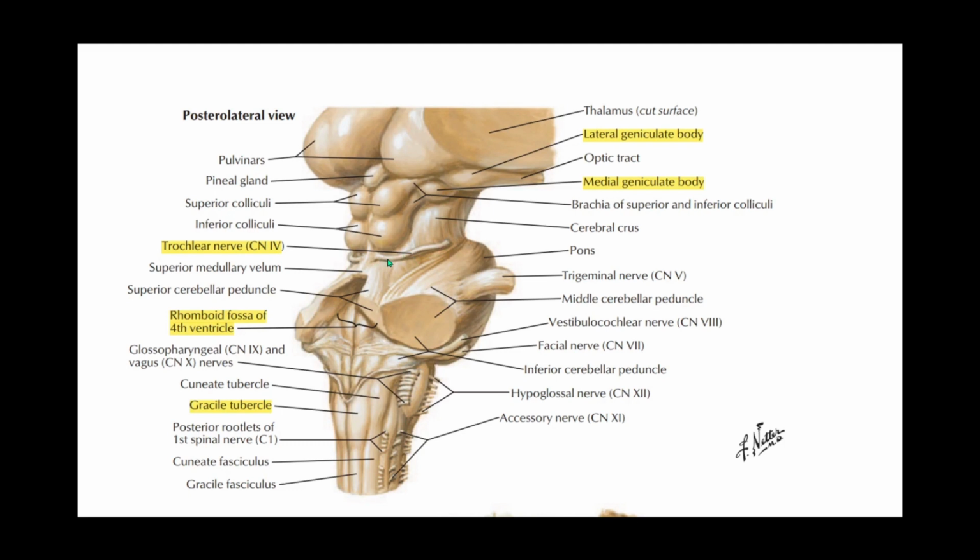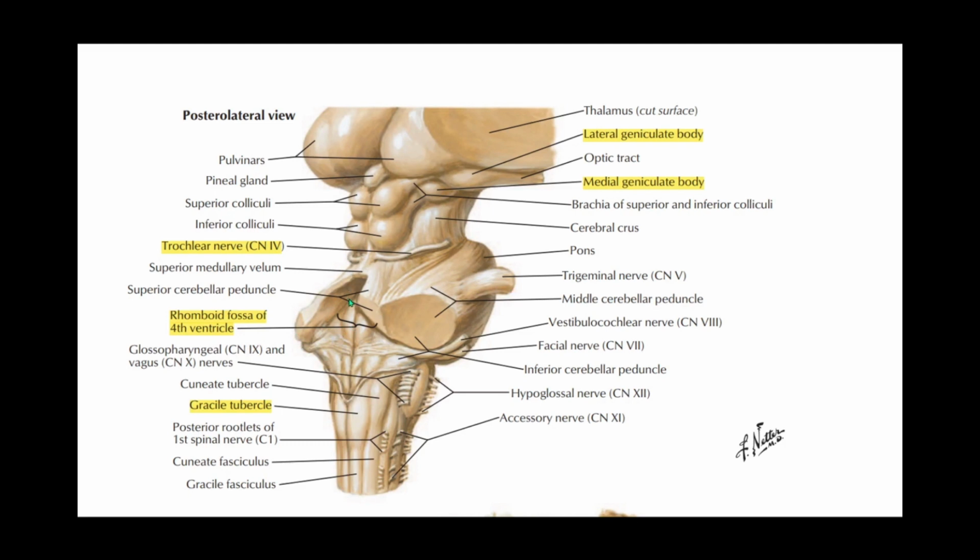And just to mention, among all the cranial nerves, the trochlear nerve is the cranial nerve with the longest intracranial course. It's not the longest cranial nerve, because the vagus nerve is, but the trochlear nerve has the longest intracranial course.